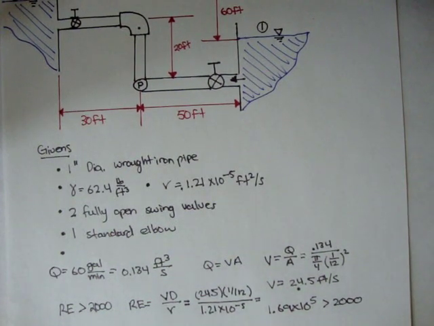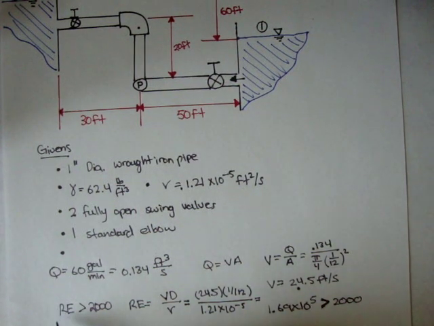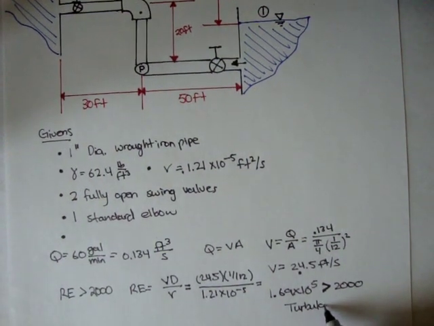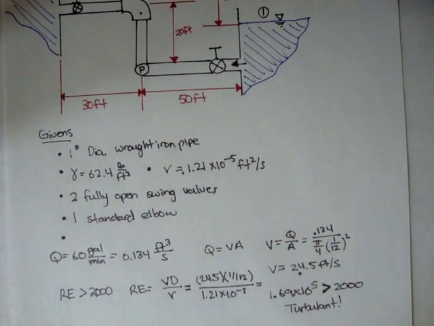Okay? And if a Reynolds number for a fluid is greater than 2,000, it's turbulent. So this flow is turbulent. We can use the Moody chart and the minor loss coefficient chart.